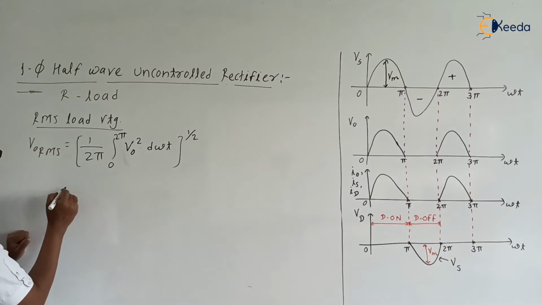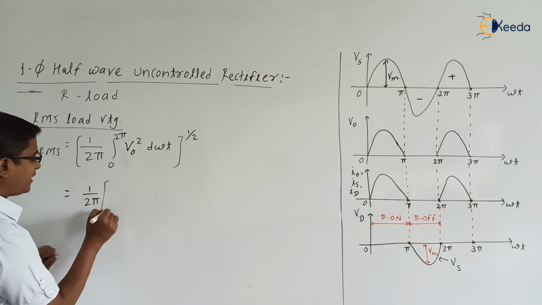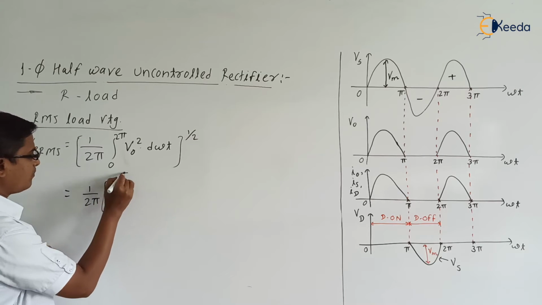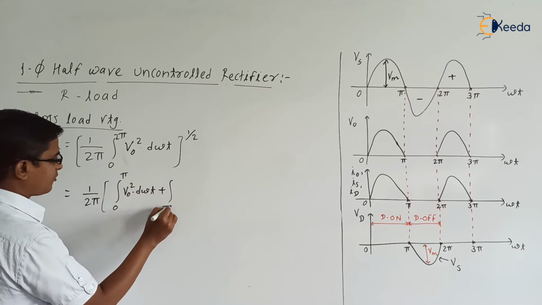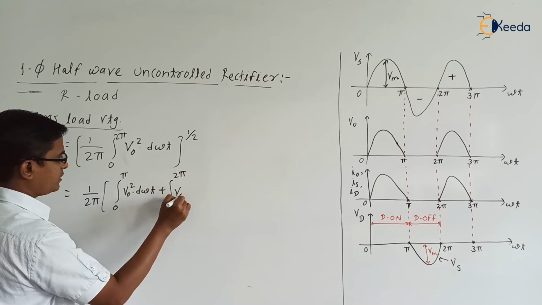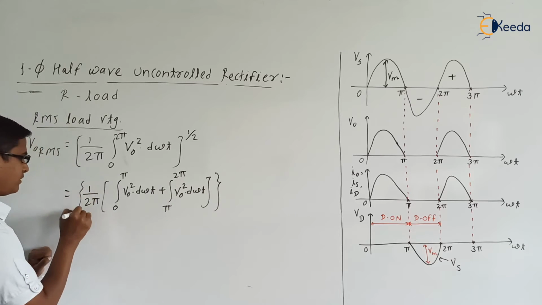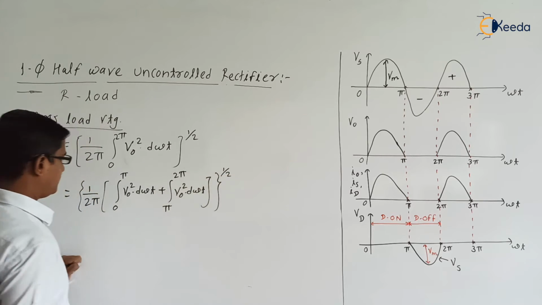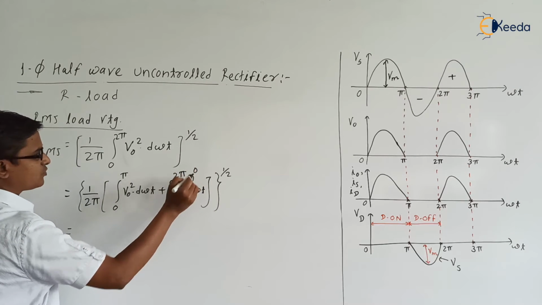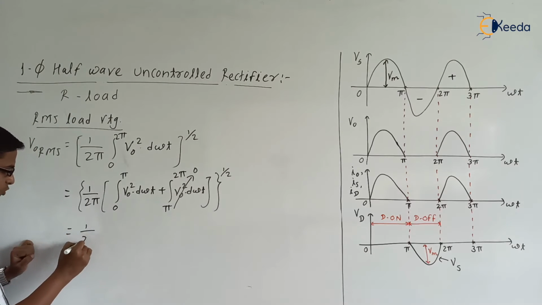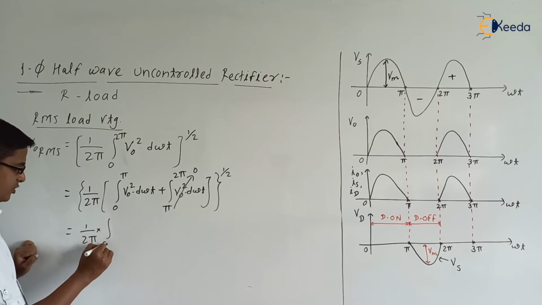Next, we can write it as 1 by 2 pi, with 0 to 2 pi divided as the integration from 0 to pi of V0 square d omega t plus the integration from pi to 2 pi of V0 square d omega t, to the power 1 by 2. Further, from pi to 2 pi V0 is 0, so that term is 0 directly. So it is 1 by 2 pi into the integration from 0 to pi.